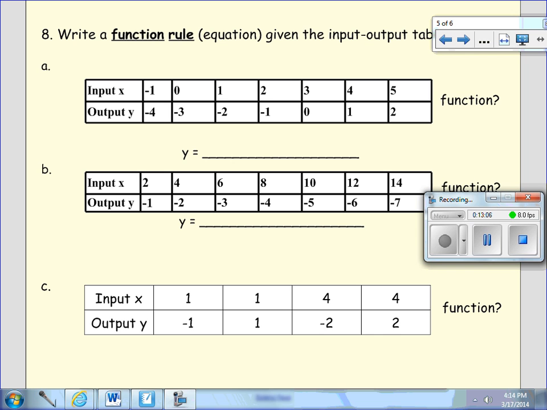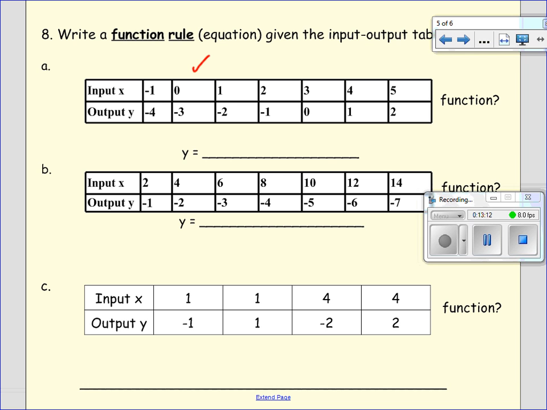So if I took my x and subtracted 3, I would get -3. That works well here. If I took my x of 3 and subtracted 3, I'd end up with 0. If I took my 5 and subtracted 3, I'd get a 2. So the function rule for this would be x minus 3 is equal to y.